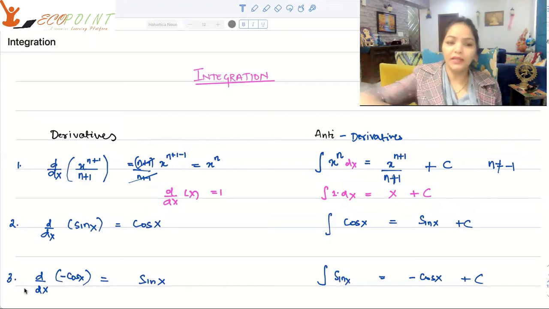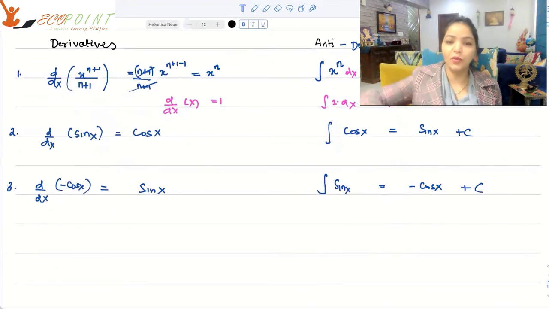And there can be many, many such examples. So what essentially is happening here is the relation between derivative and antiderivative. If you differentiate and you get a function of x, when you integrate that function of x, you will get the function that you differentiated. That's the relation between the two.